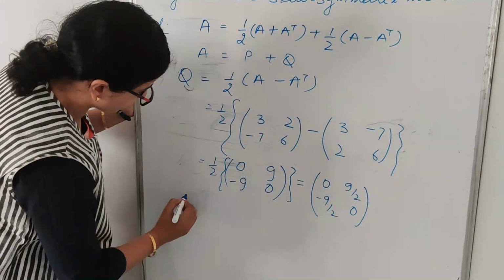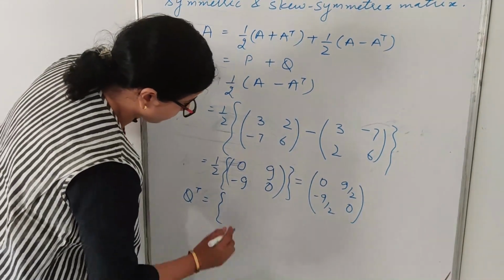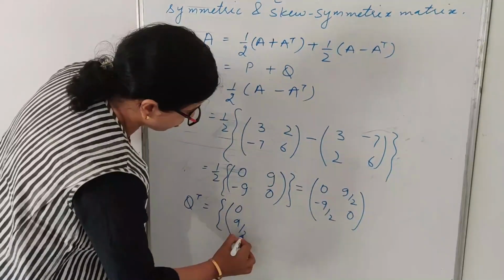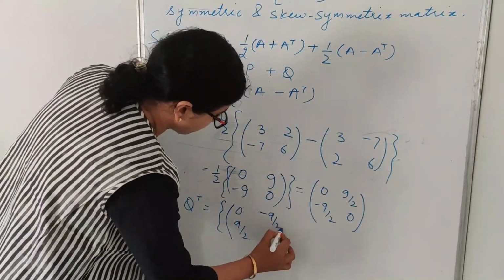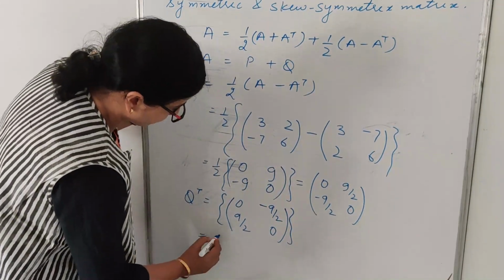Okay. Now take Q transpose. So Q transpose will become equal to 0, 9 by 2, minus 9 by 2, 0. Okay. Take out the minus sign common.